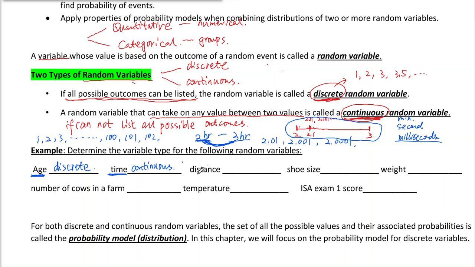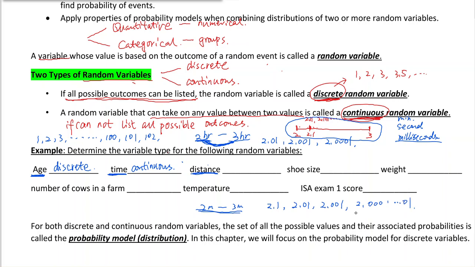All right, what about distance? When we say distance, we say from 2 meters to 3 meters. From 2 meters to 3 meters, we cannot list all possible outcomes. We can have 2.1 meters, 2.01 meters, 2.001 meters, 2.00001 meters.